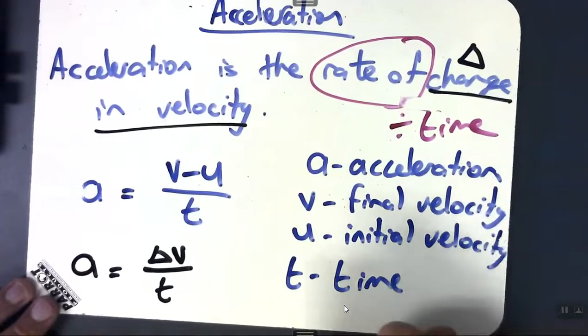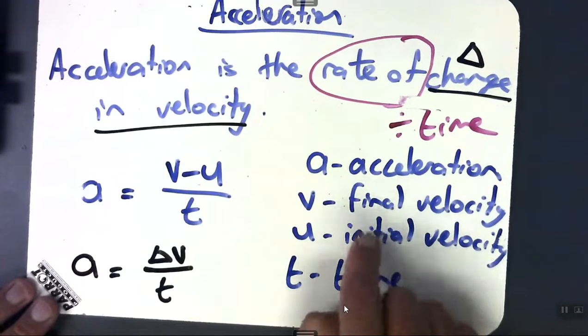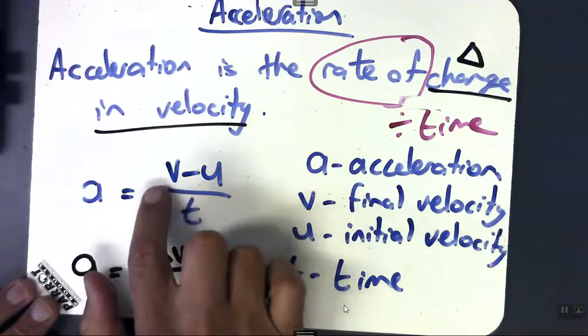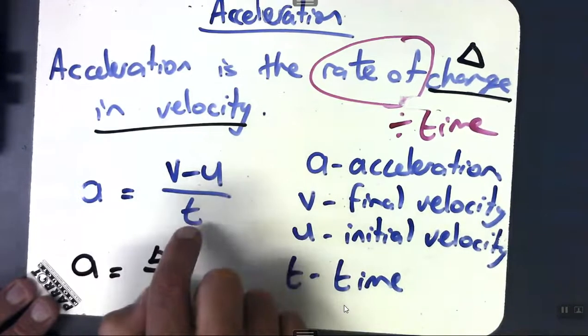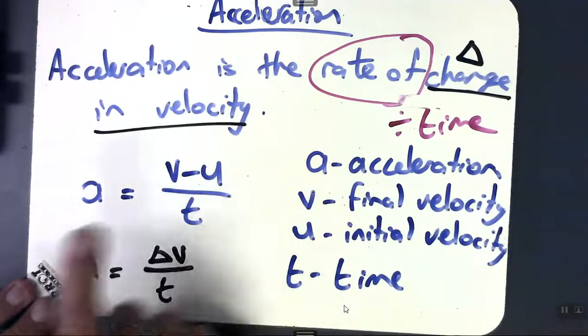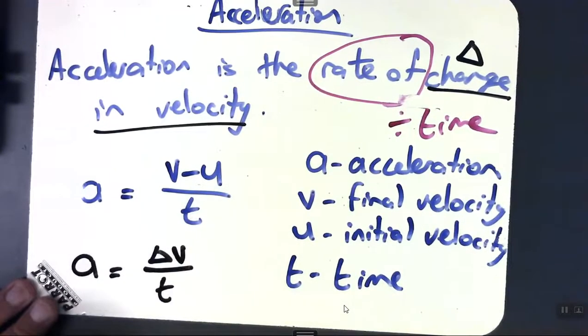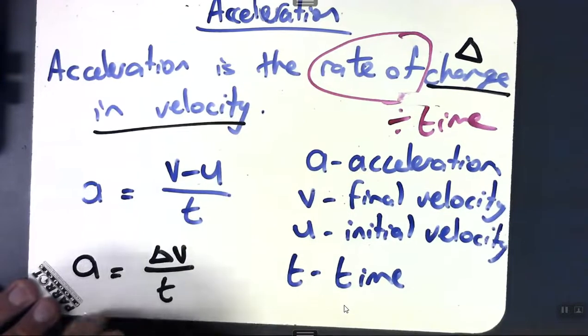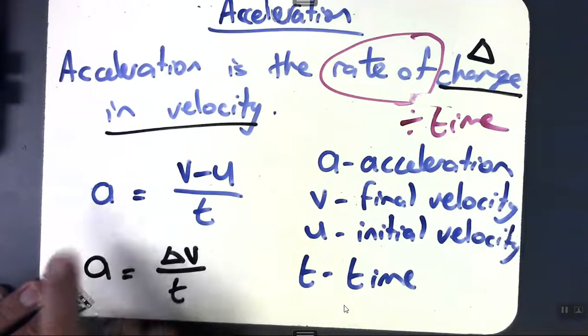When I'm slowing down, my initial is bigger than my final, but I still use final minus the initial over time, and then I will have a negative acceleration, which means I'm decelerating, I'm going slower. If I'm going faster, it's a positive acceleration.